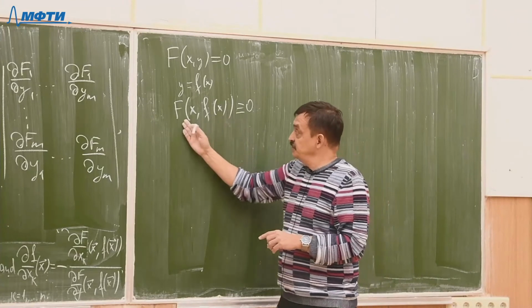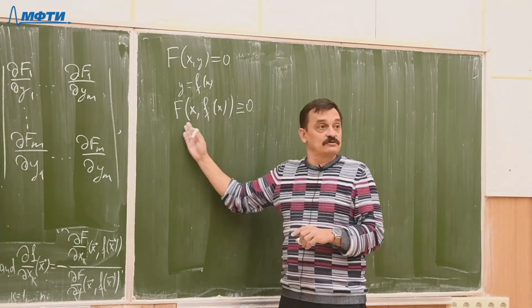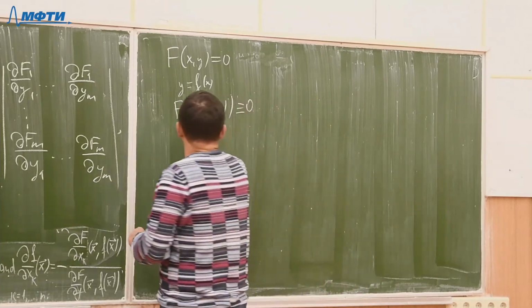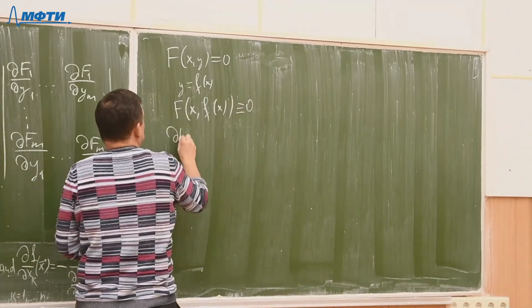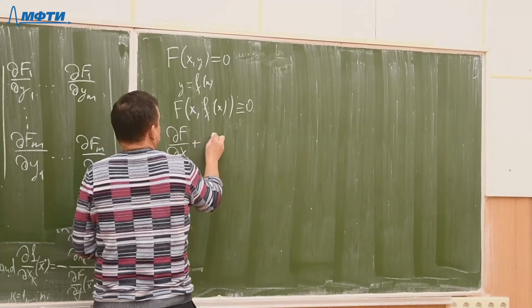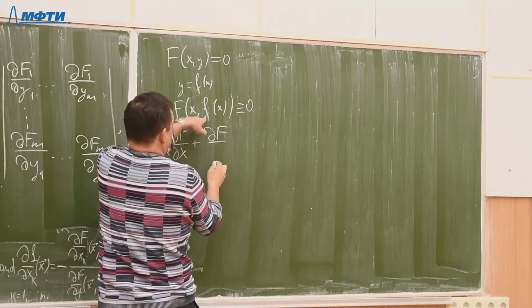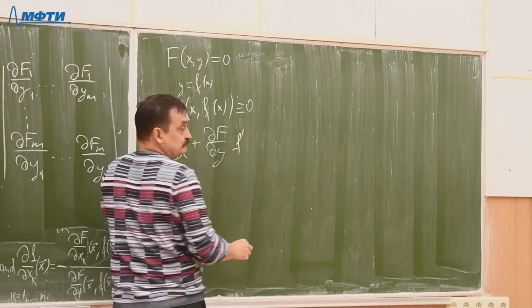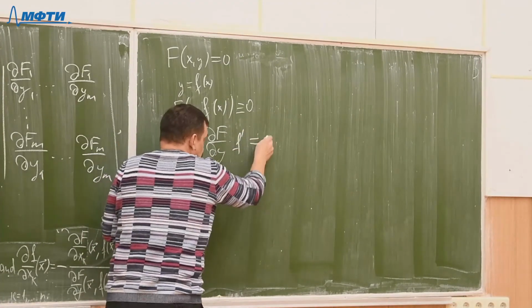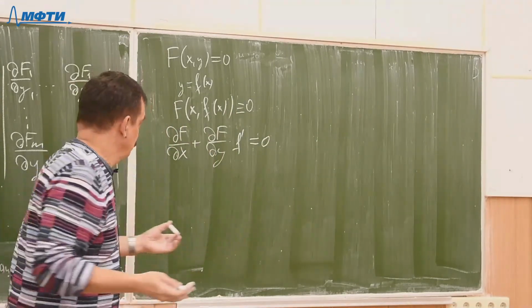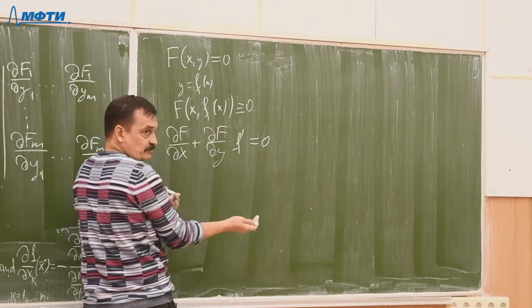And we differentiate it using the chain rule for functions of several variables. So the full derivative is equal to the partial derivative with respect to x plus the partial derivative with respect to y, the second variable, times f prime. And that is 0, right? Because we differentiate identical 0. So what is f prime?